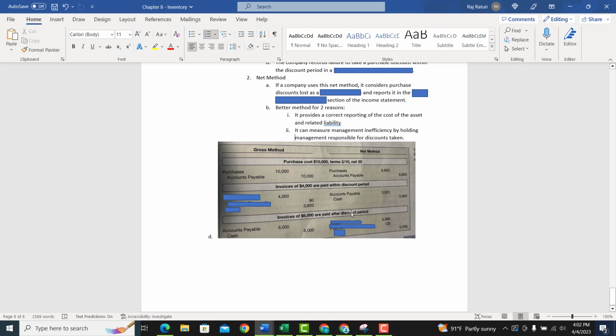So in this account, we have accounts payable, we have purchase discounts lost, and then we have cash. This is purchase discounts lost because we assumed that we would take the entire thing, so we view it almost like a loss or expense.